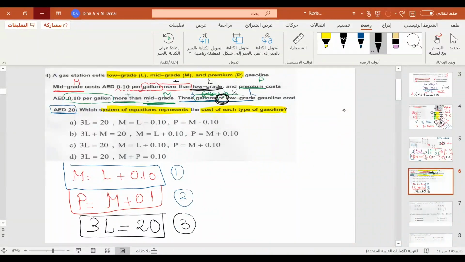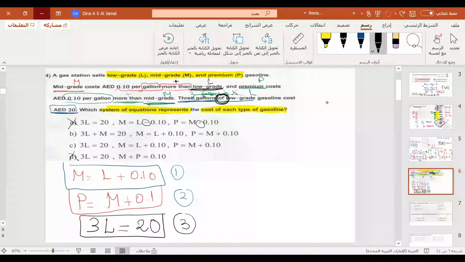Now let's look at the answers. First of all, directly, if you are understanding what is the meaning of more than, you will be cancelling A, because here you are having subtraction. And D, it's 2 equations. You need to cancel it from the beginning, and it doesn't represent the relation. Okay?